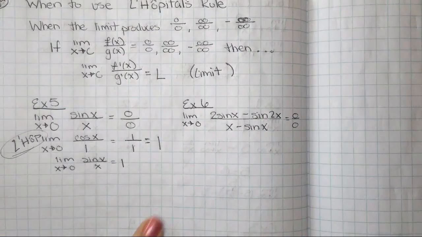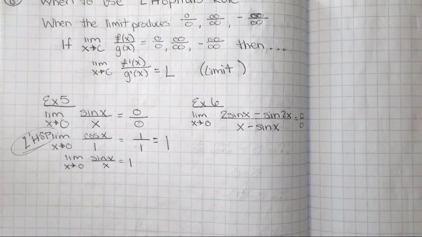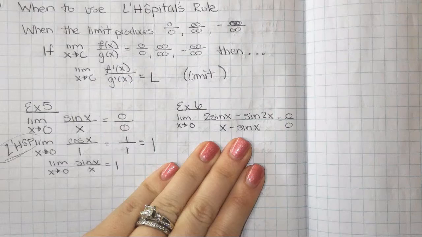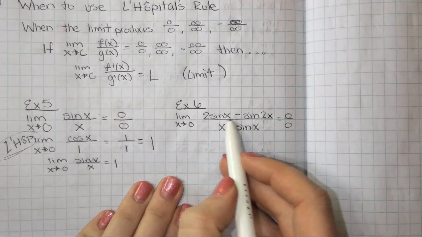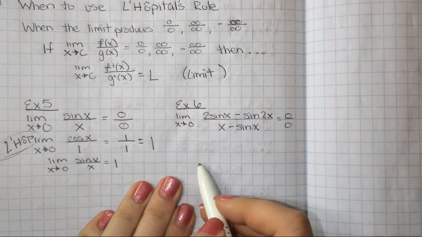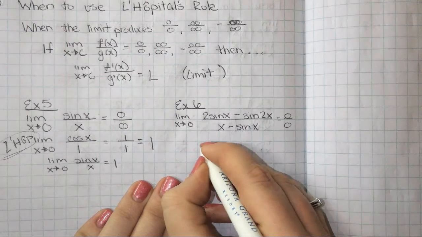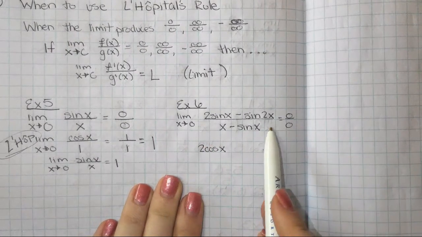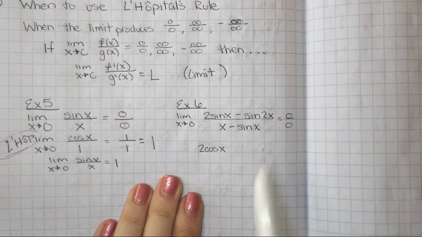We have just proved we can use L'Hopital's rule. So L'Hopital's rule says, take a derivative. Derivative of 2 sine x: 2 cosine x. Derivative of negative sine 2x.